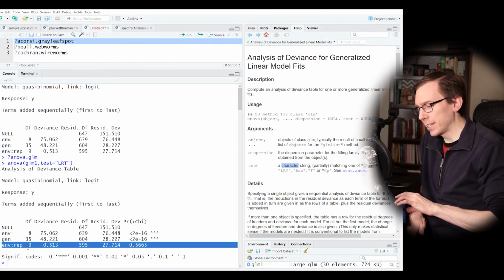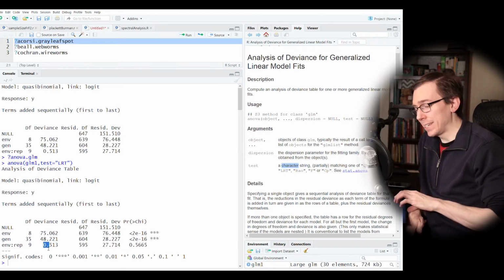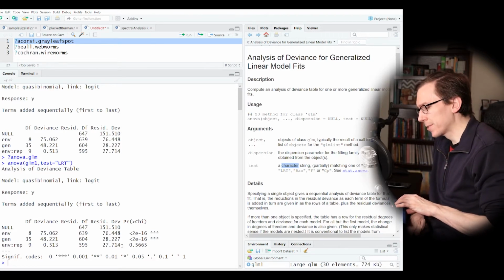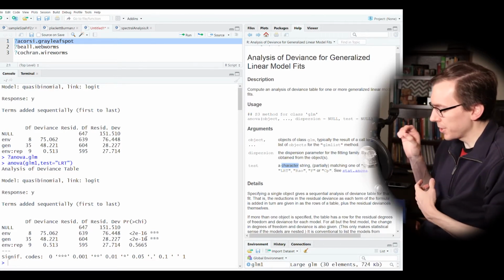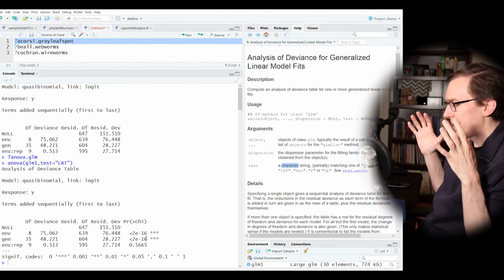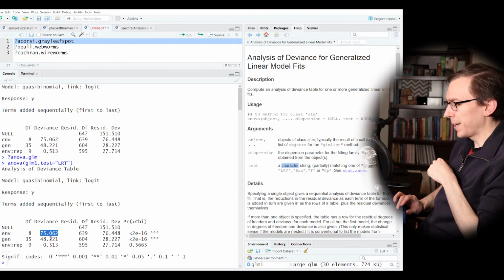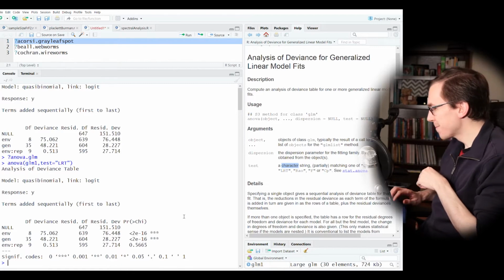This interaction, so the replication, is not, that's actually pretty good. It means that when we replicated it a second time, there wasn't any real significant difference than the first time we ran this experiment. Anyway, it is good to remember that you still have the same intuition about what's going on here, but instead of sum of squares, we have deviances, and instead of an f-test, we have a chi-squared test.